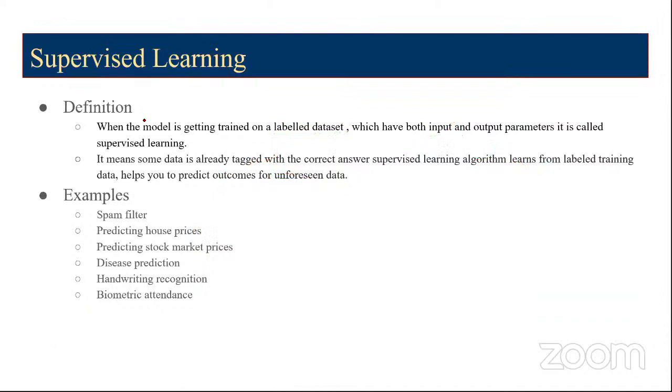So if we are clear about tagged data set, supervised learning is where we have access to a tagged data set, meaning we are going to have access to both input and output. Or in simple terms, in supervised learning, outcomes are going to be predefined. So the first definition can be where we have access to a tagged data set, meaning both input and output are well defined.